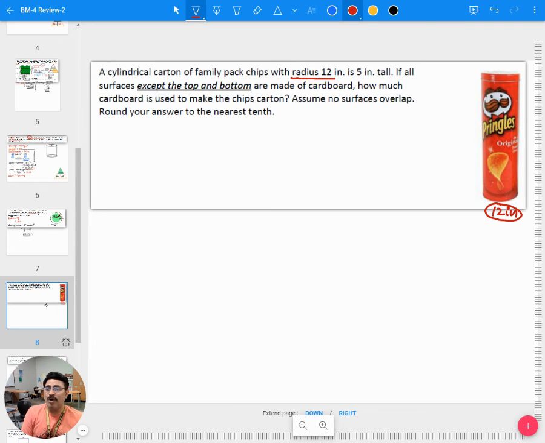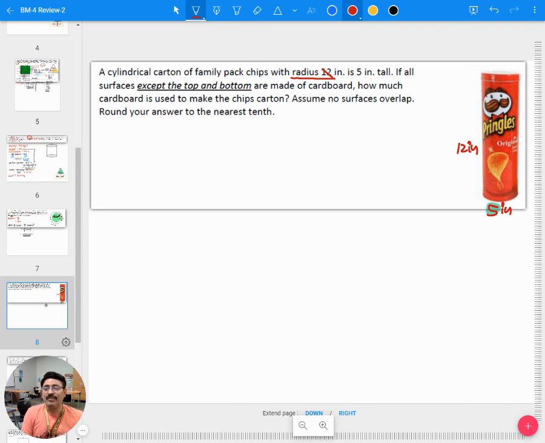Let me swap these values. Let's say that this is 5 inches radius. My apologies, I'm just changing the numbers. 5 inches is the radius and 12 inches tall.